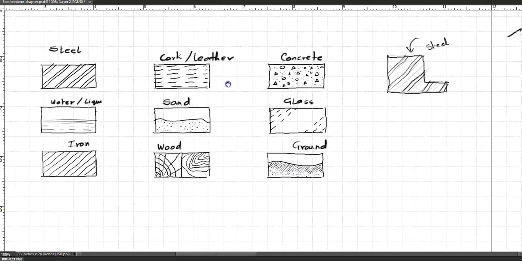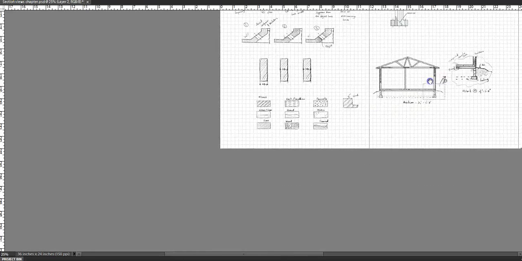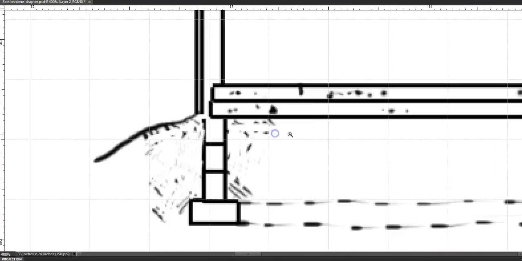Now let's look into some others that you have over here. If you are cutting through cork or leather, you'd be putting in this pattern. If you're cutting through concrete, you'd be putting in this. For example, if you're cutting through a foundation of a building, you will be using this pattern. Now let's see where we have that, and we have that right here.